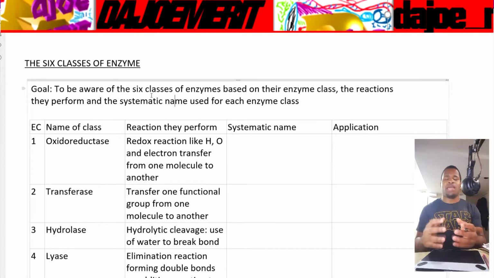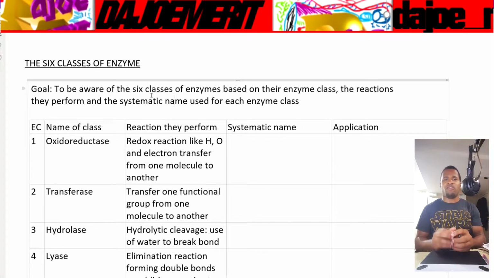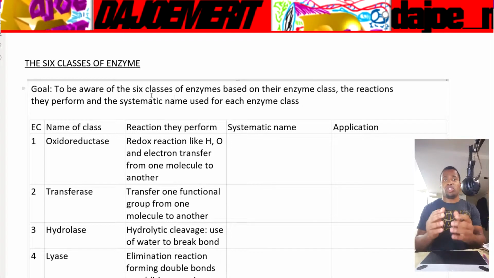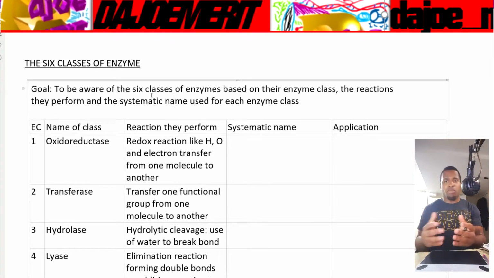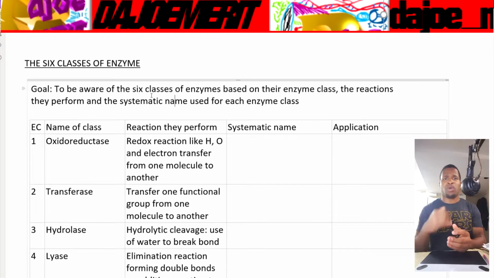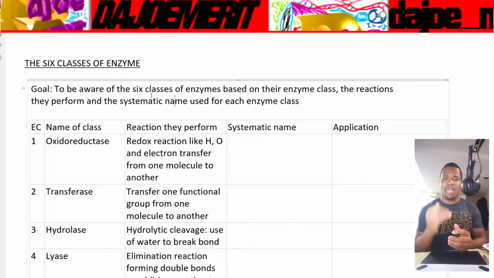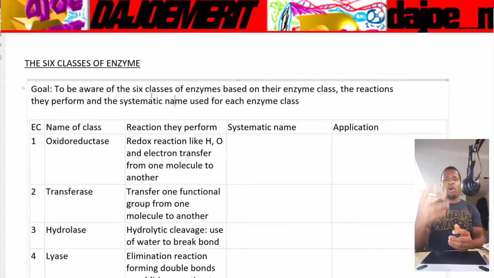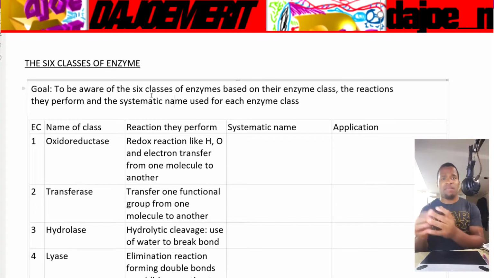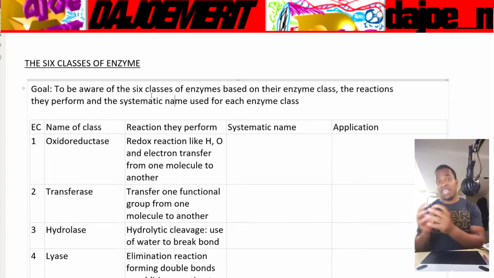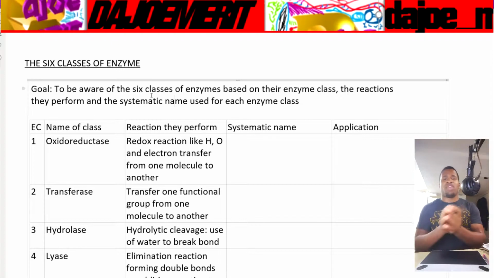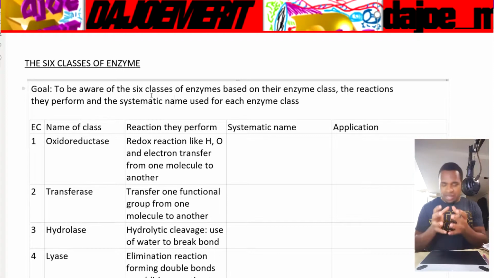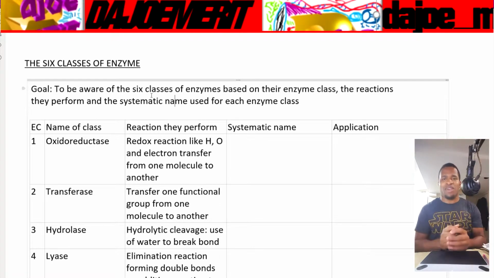One way is to follow a specific guideline under the Commission classification, which uses the EC numbering system. And specifically, we're going to look at the 6 classifications of enzymes based on the reactions and based on their systematic names, and also an application of this naming system for those enzymes with respect to the substrates and products that are actually produced from the introduction of the enzyme into a specific reaction.